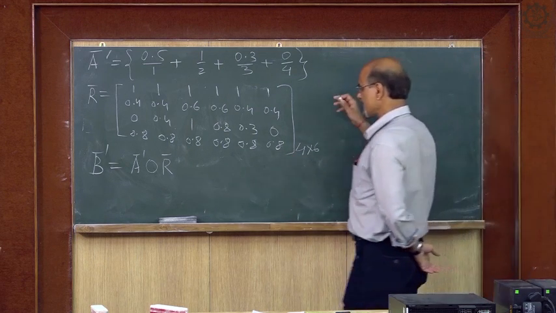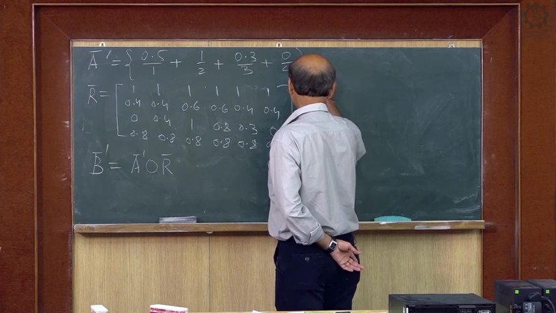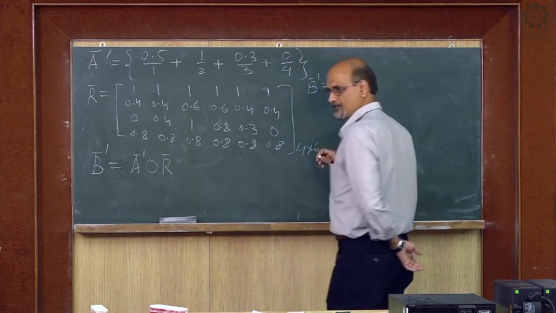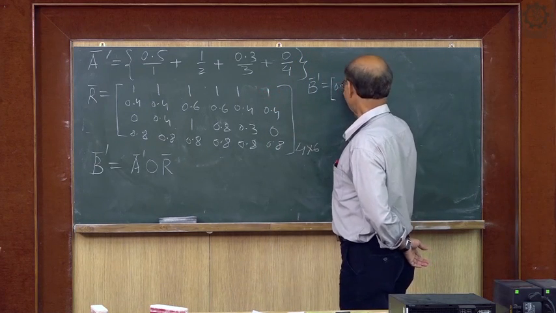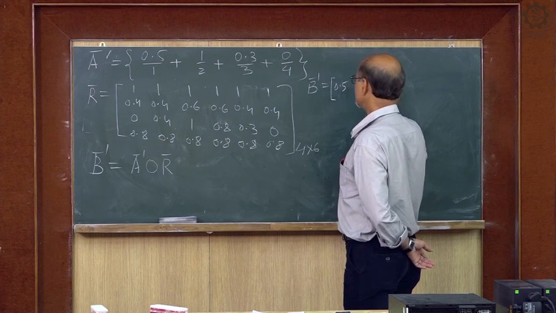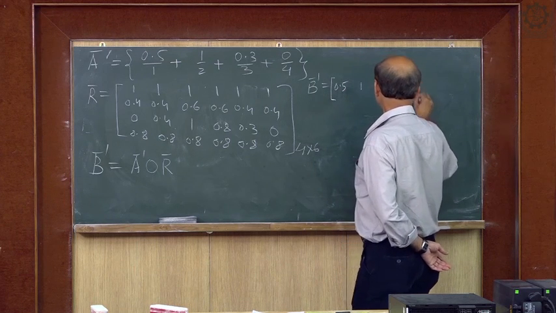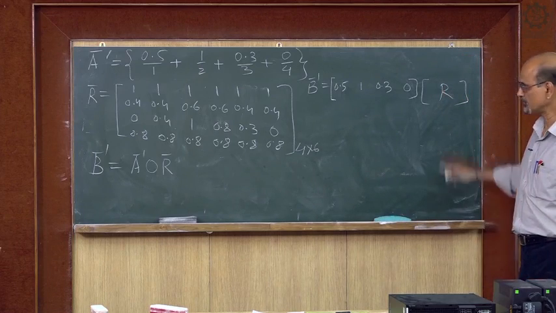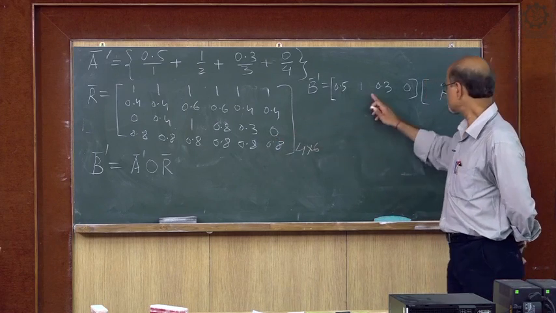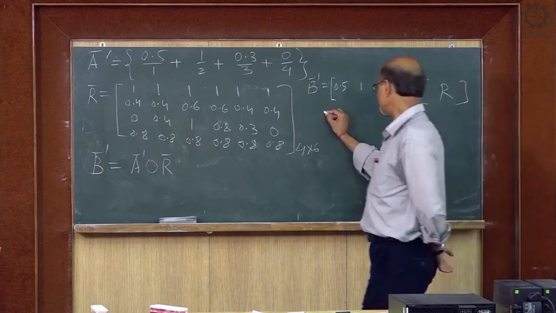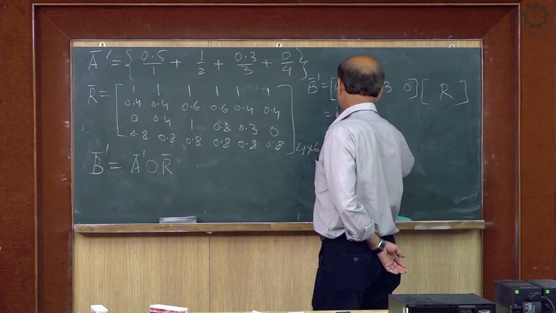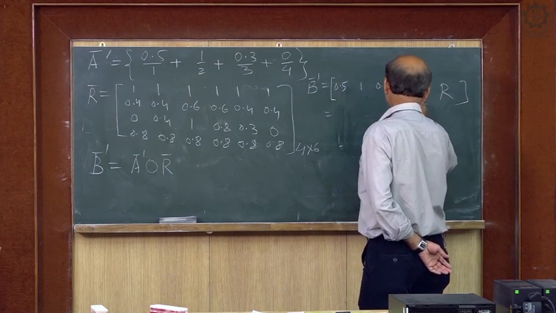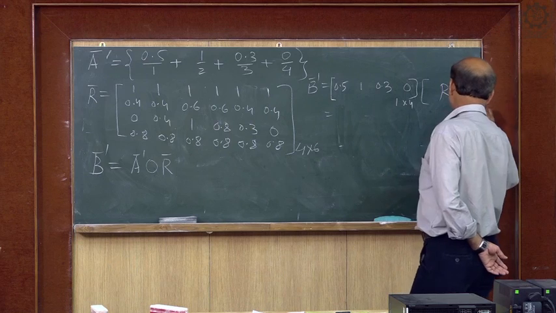Okay. So if we write that, B bar dash I can write as 0.5, 1, 0.3, 0, and this relation matrix. Relation matrix is this. Now, suppose after this operation you will get this is your 1 by 4, this is your 4 by 6.